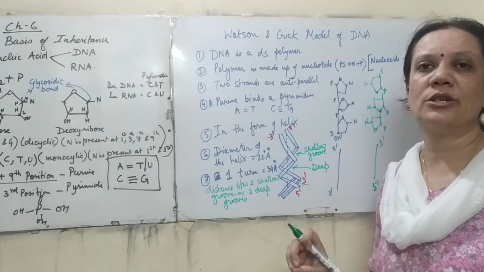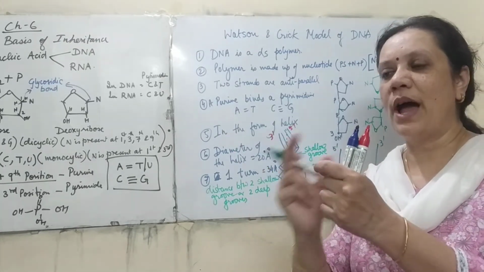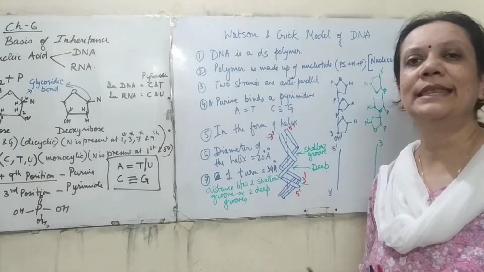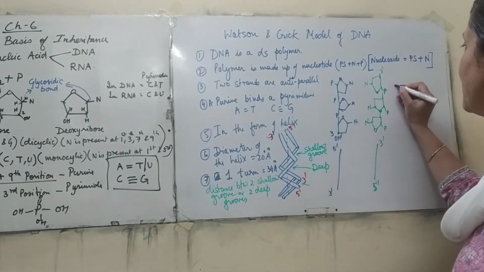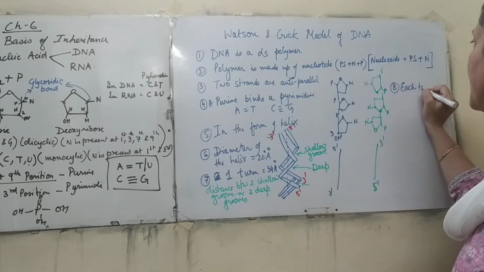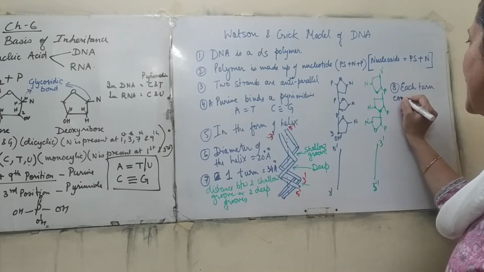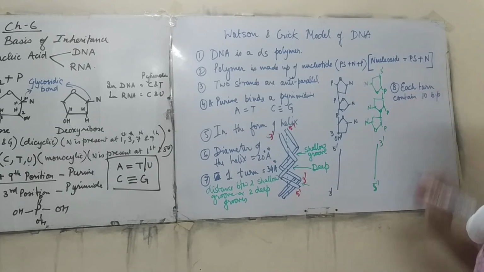Now that has been measured to be 34 angstrom, and in between one complete turn, there are 10 base pairs. So I am writing here the 8th point, that is, each turn contains 10 base pairs.